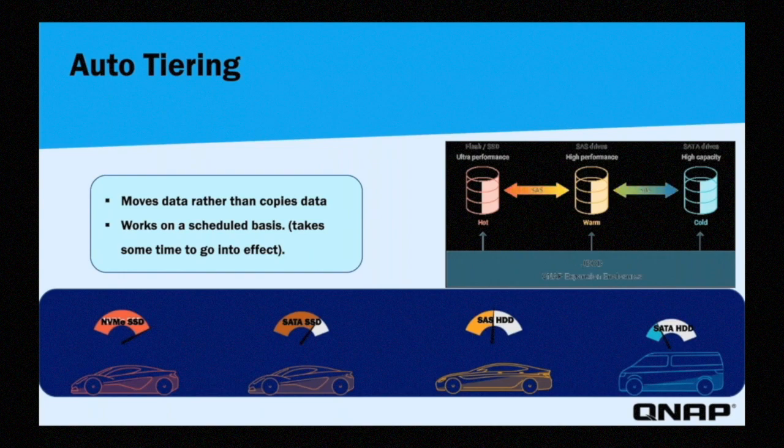Because tiering will actually move data to the faster drives and not just copy them, it is important to have your SSD tier set in a RAID with redundancy to help avoid losing data in the event of a drive failure.